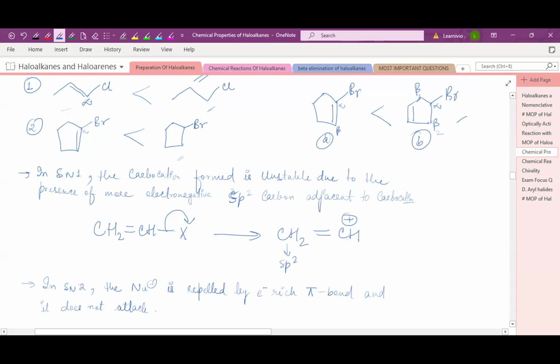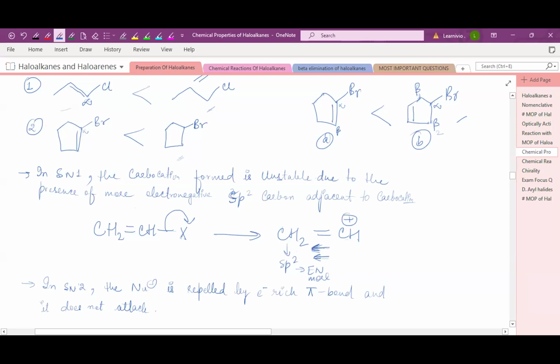Because it's electronegative, what will it do? It will try to pull the electron density towards itself. This CH2, because it's sp2, and what is sp2? They are more electronegative, so they just try to pull the electron density towards itself.